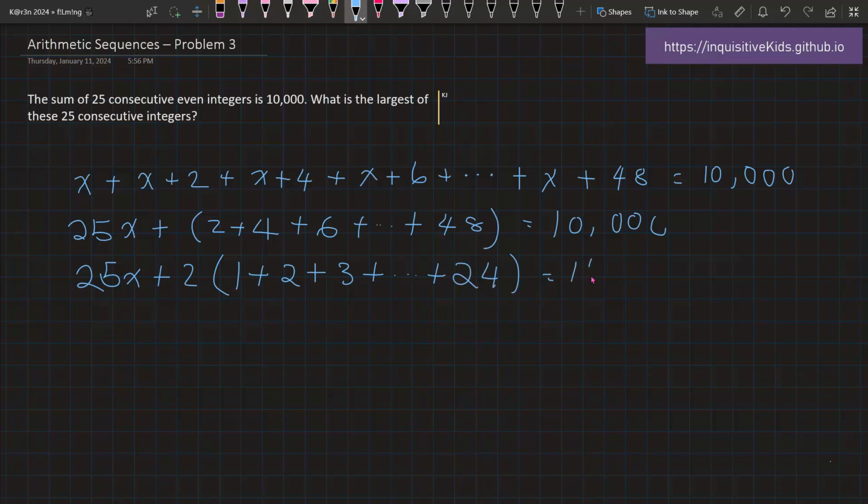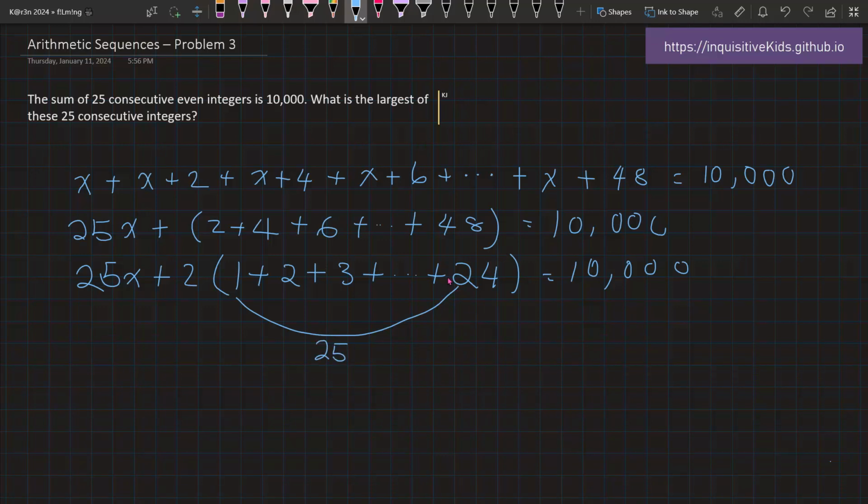And now I'm pretty sure you've seen this type of expression before. Whenever we have 1 and all of the consecutive integers in between to a certain number, what we can do is take the least number at the very beginning and the last number, so in this case 1 and 24, and group them together, giving us one group of 25.